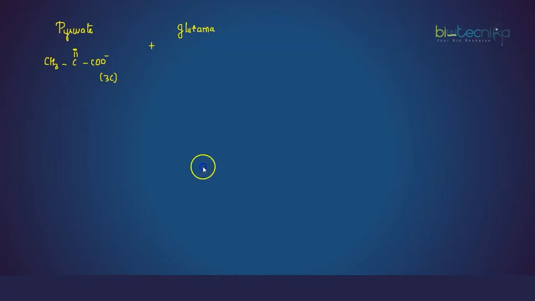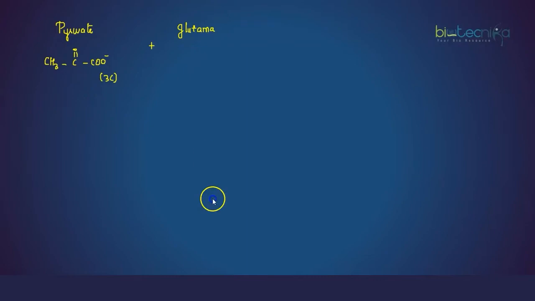How is a pyruvate going to give an alanine molecule? So we know a pyruvate is a 3 carbon compound: CH3, C double bond O and COO minus. It combines with one of the amino acids, an acidic amino acid like glutamate.